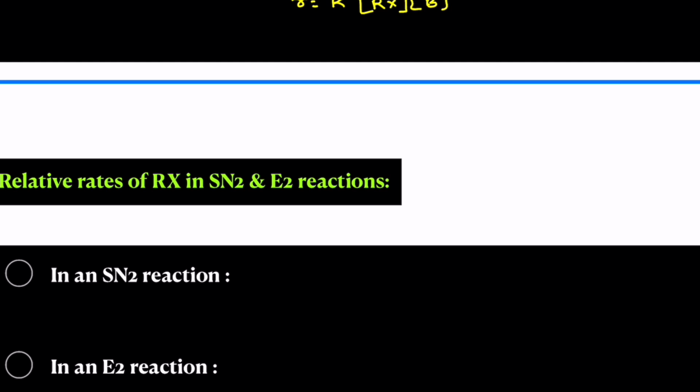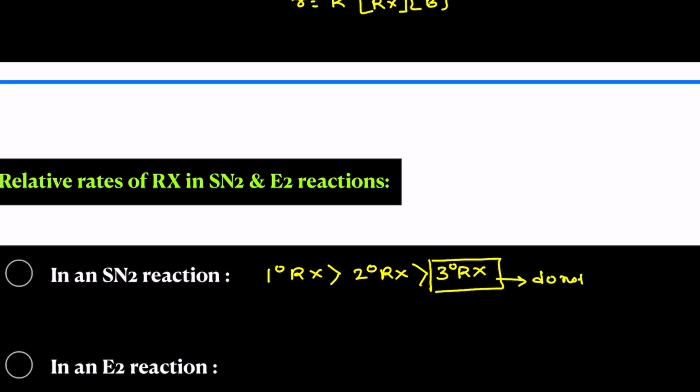Therefore, in the SN2 reaction, primary alkyl halide is more reactive than secondary alkyl halide, and secondary is more reactive than tertiary alkyl halide. In fact, tertiary alkyl halides do not undergo SN2 reaction. Simply we have to say they do not undergo SN2 reaction.